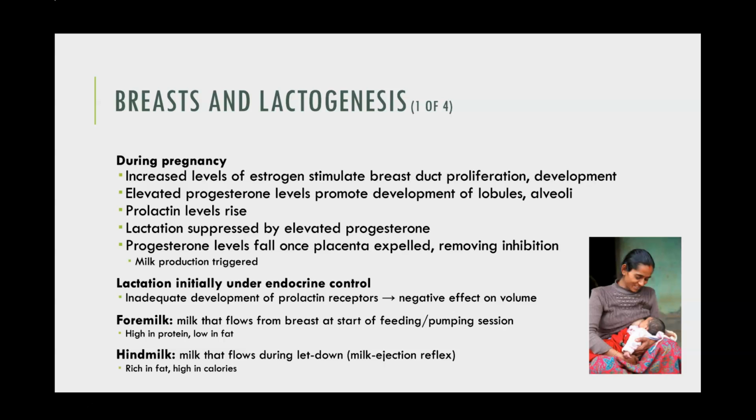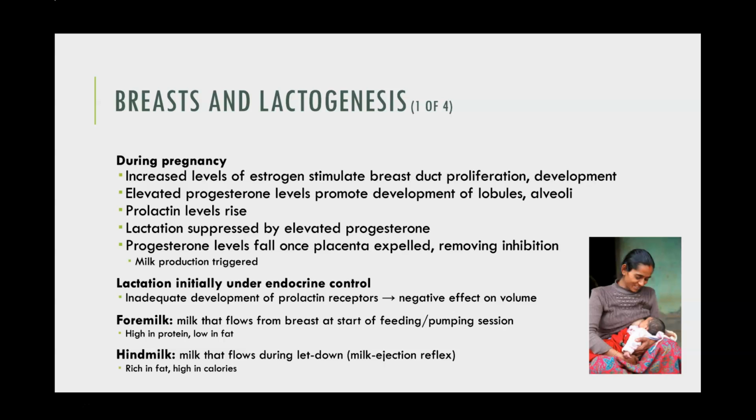Now remember that progesterone is our pregnancy hormone, and our placenta is what is secreting progesterone during pregnancy. So that high level of progesterone during pregnancy is actually keeping breast milk production and lactation from happening.